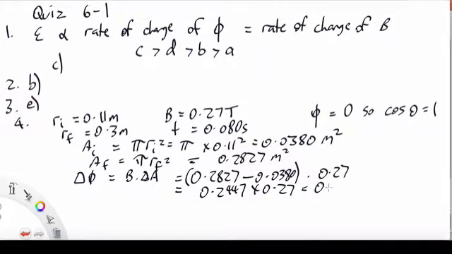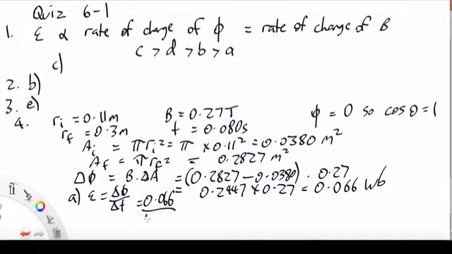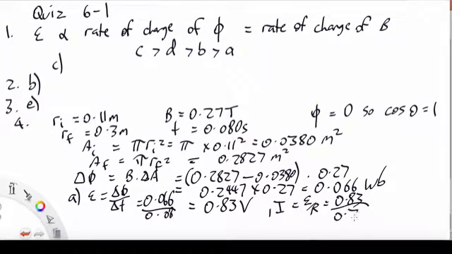That will be 0.066 Webers. So now the EMF is change in phi over the time interval, 0.066 over 0.08, and that gives us 0.83 volts. And then the current, which is that EMF over R, is going to be 0.83 over 0.7, so we have 1.2 amps.